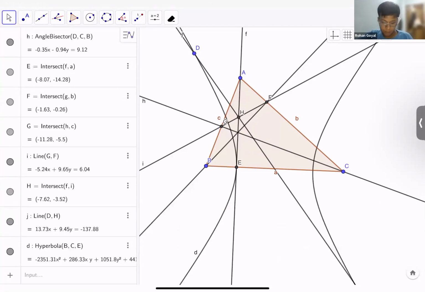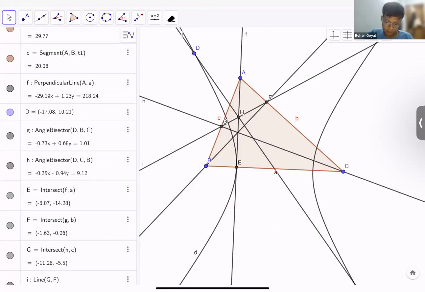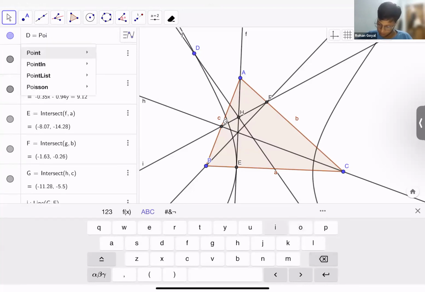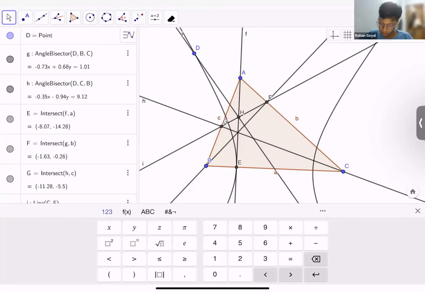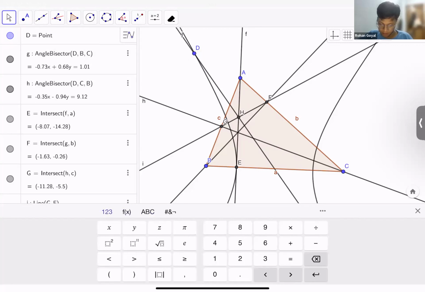So we will tether point D to this hyperbola.